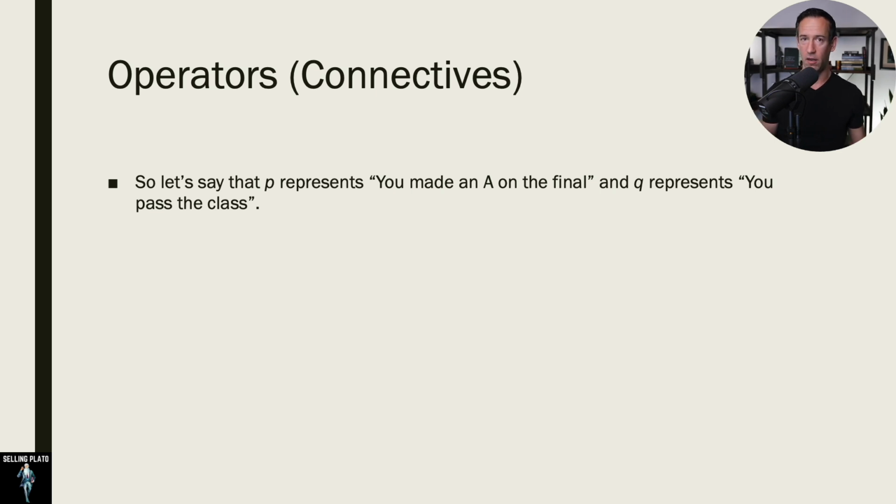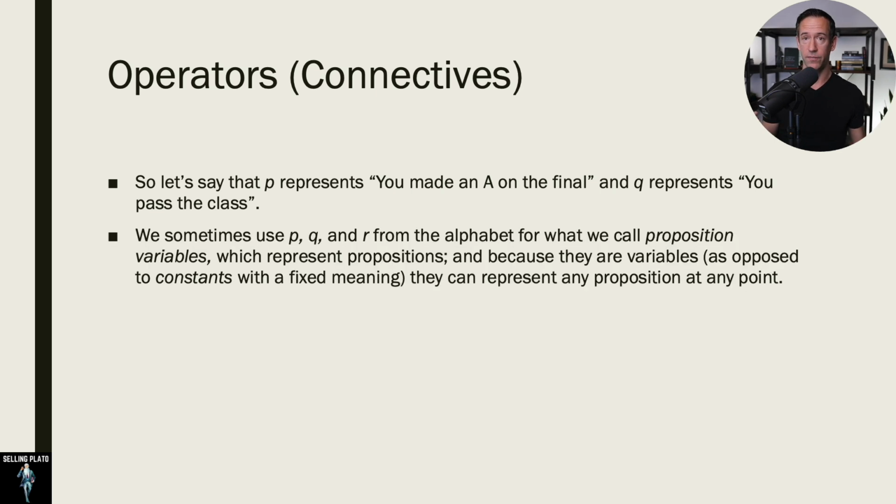Now we can talk about all kinds of relations between the two. In propositional logic, we sometimes use P, Q, R from the alphabet for what we call propositional variables. It's just sort of custom that we use P, Q, and R pretty regularly. You don't have to. Other textbooks might use other parts of the alphabet. You might have seen that.